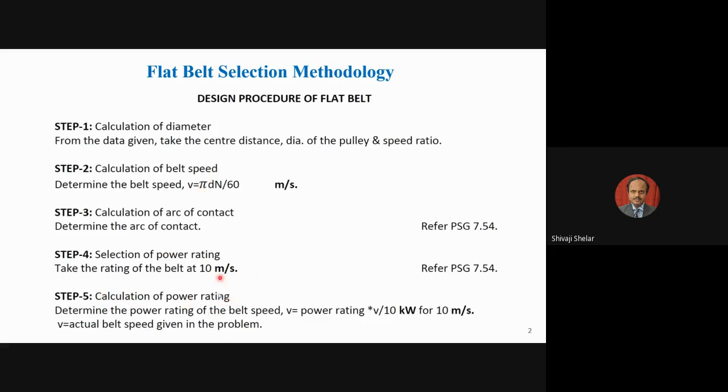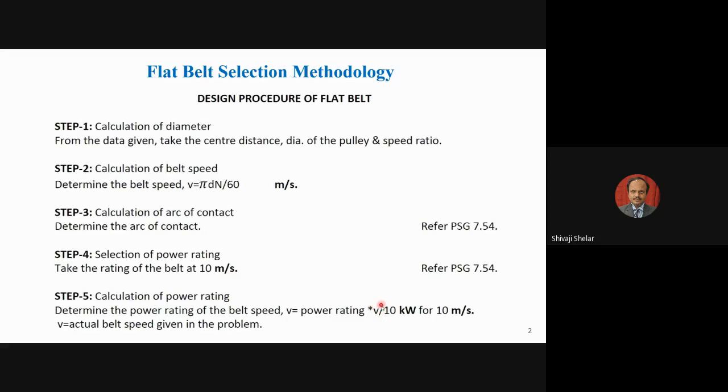That is, your speed may be greater than 10 meters per second or less than 10 meters per second, compared to the standard speed of 10 meters per second.